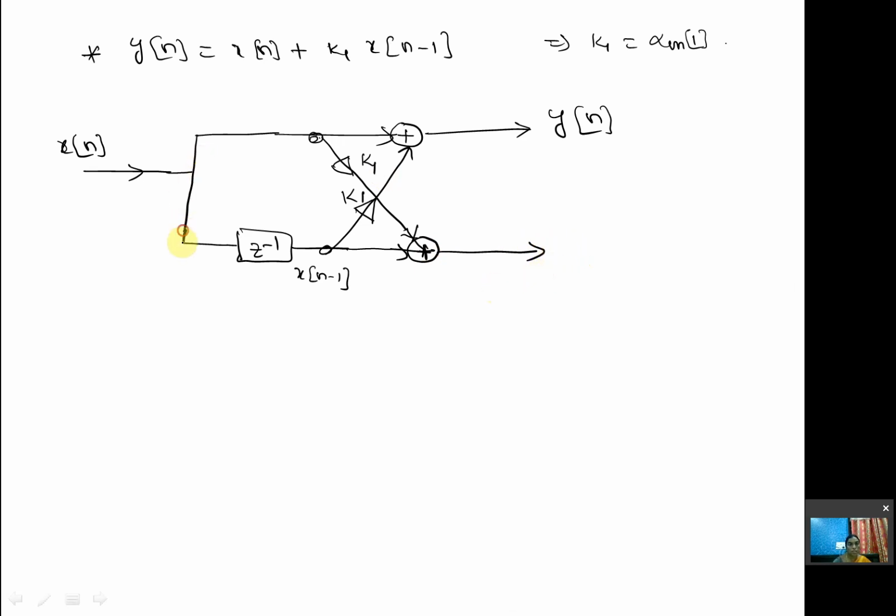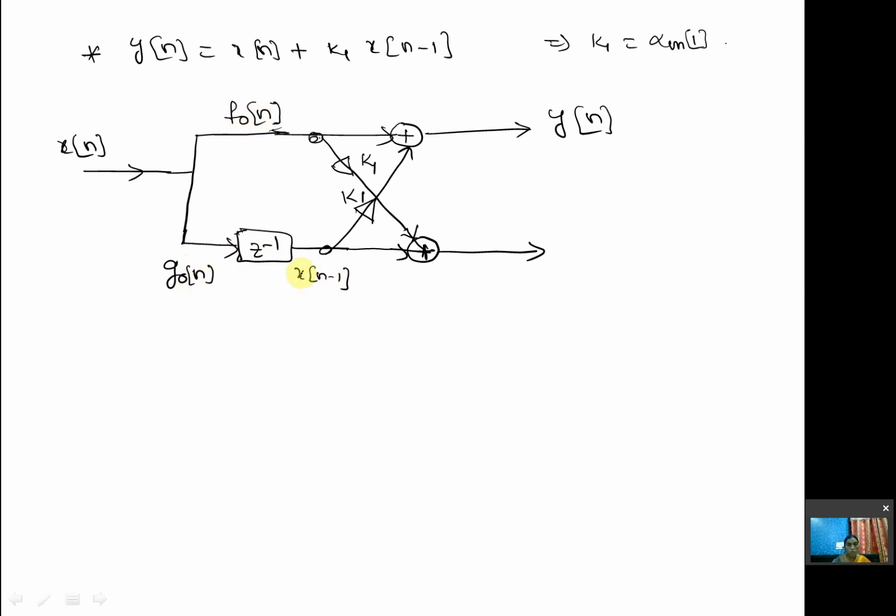So that's why it is said to be lattice structure, in this form. Okay, then see this, this is the first stage, and I am using some other variables here, f naught of n and g naught of n. But the second stage, f1 of n, g1 of n, like that.